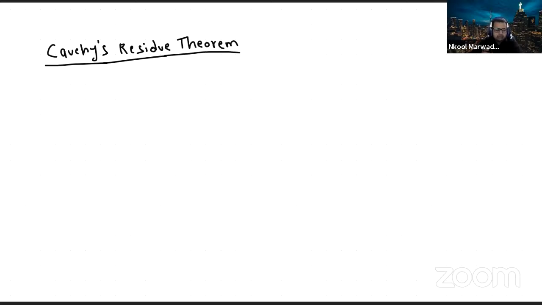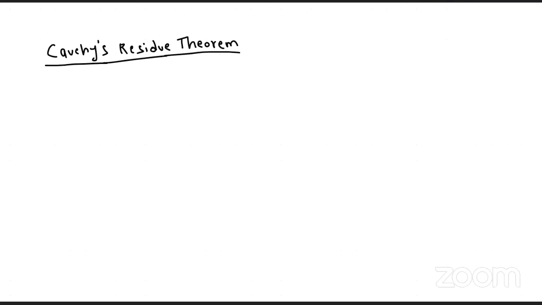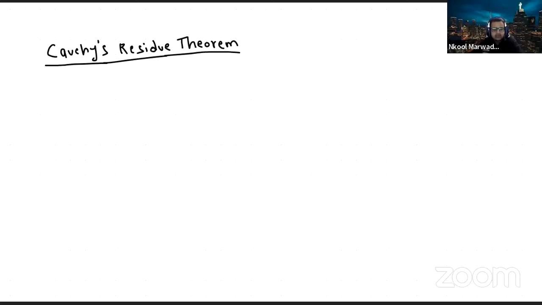And those points where the function is not analytic, we are calling z1, z2, zn. Then R1, R2, Rn are the residues of the function f(z) at z1, z2, zn respectively.